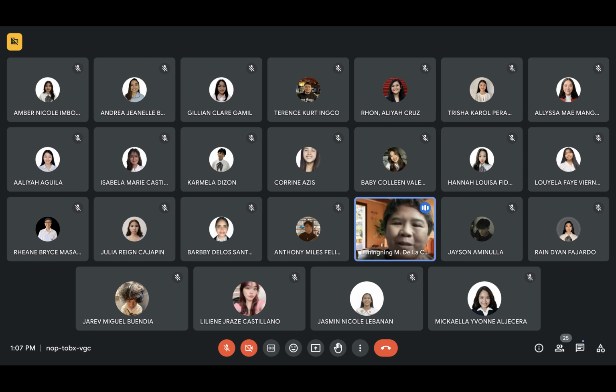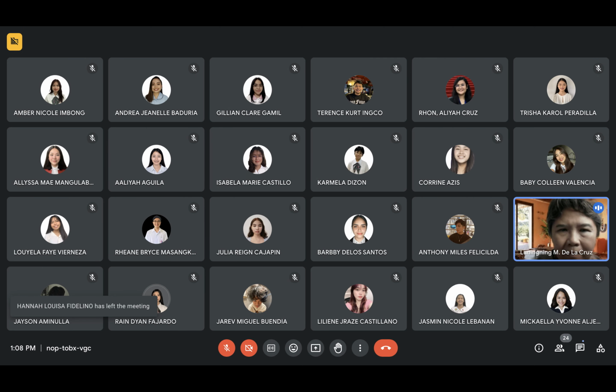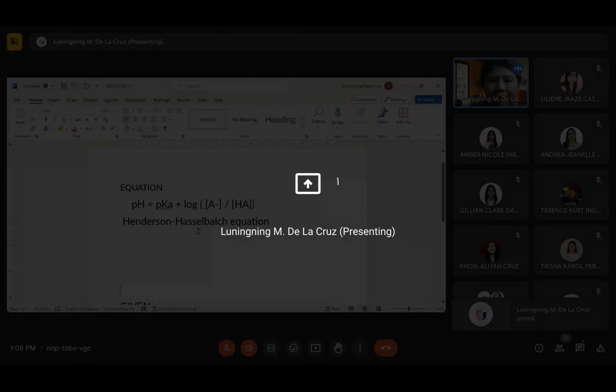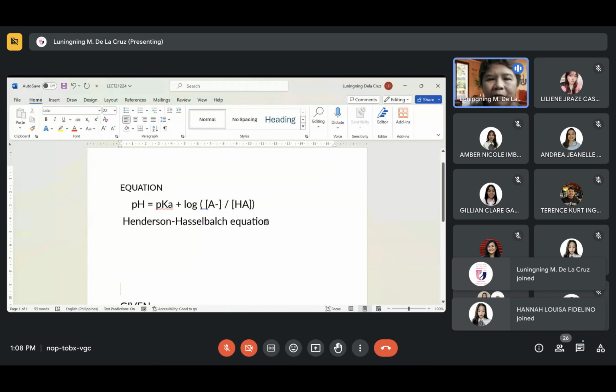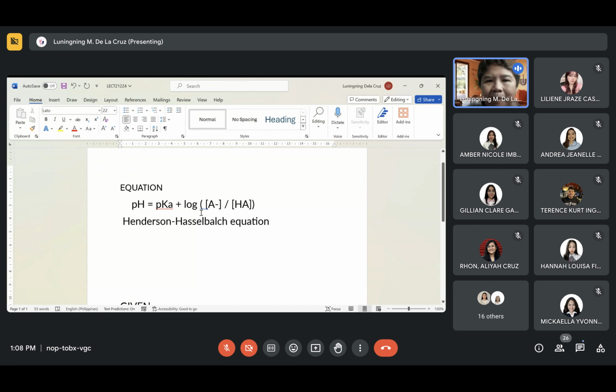So if we are to write the Henderson-Hasselbalch equation, pH is equal to pKa plus log A minus over HA.